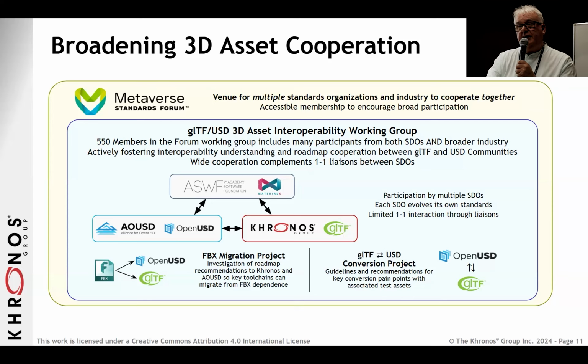It's the USD and the glTF communities coming together all in one place. As many members as want from either side are welcome to participate, and we are figuring out how to work together, making sure, for example, that the roadmaps of USD and glTF are aligned as possible.